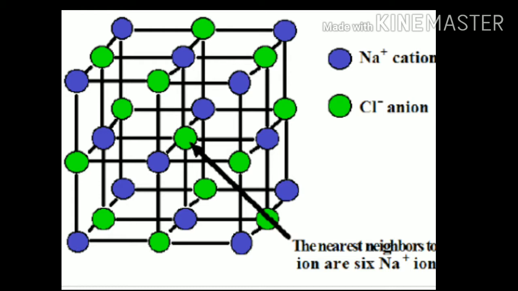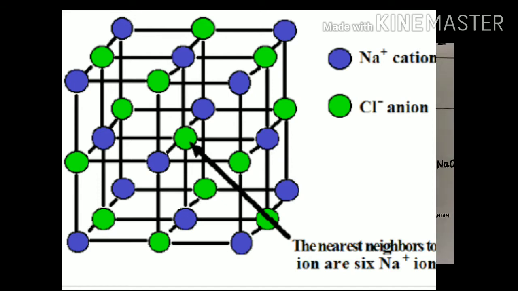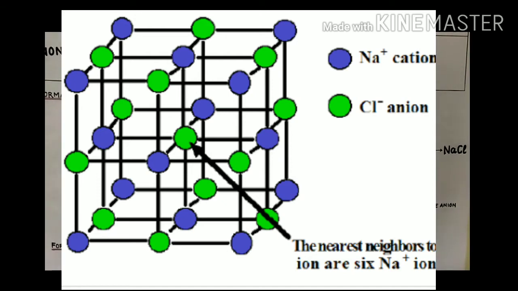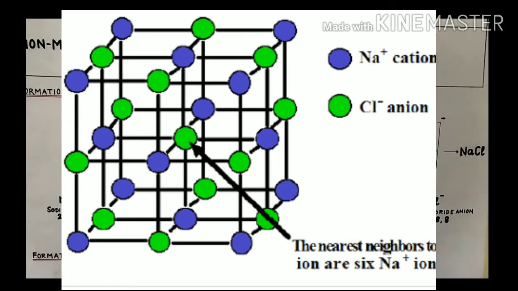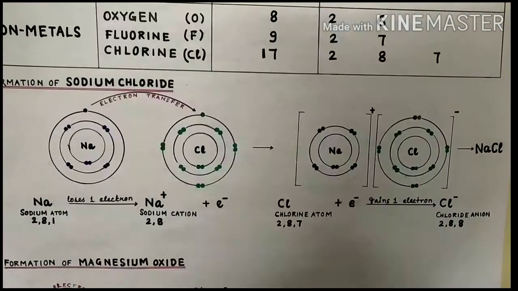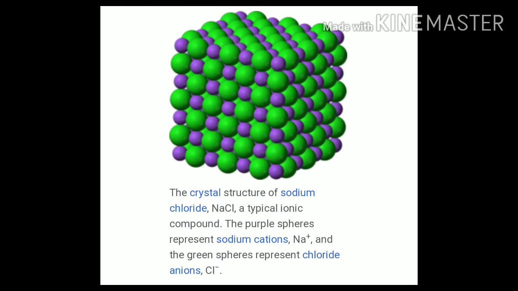One sodium ion will not attract only one chloride ion, but as many chloride ions as it can. Similarly, the chloride ion will attract several sodium ions. As a result, a regular arrangement of these ions gives rise to a three-dimensional lattice.